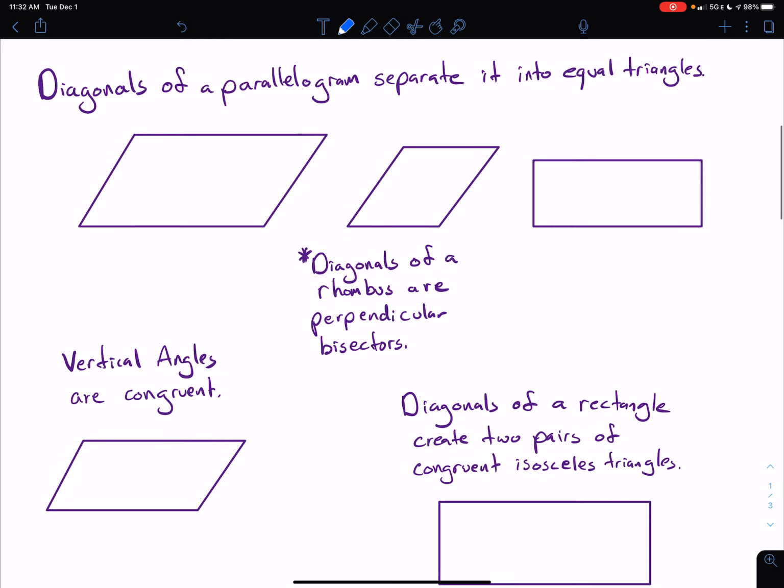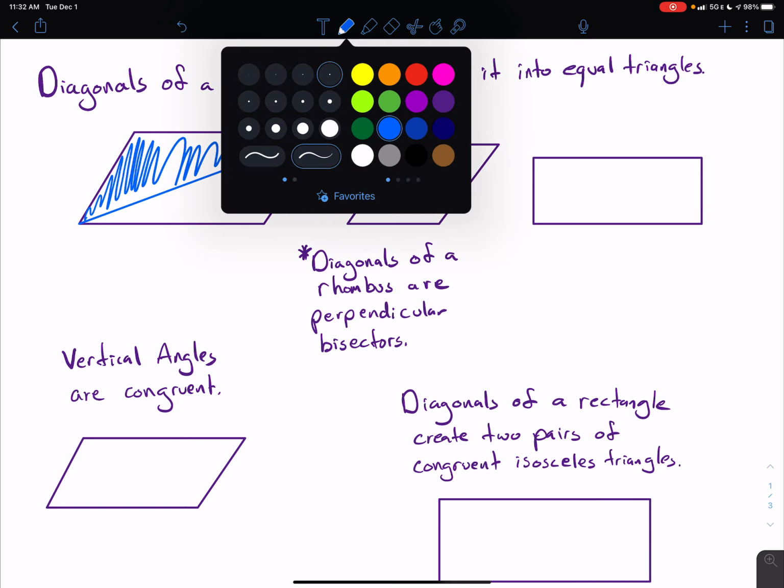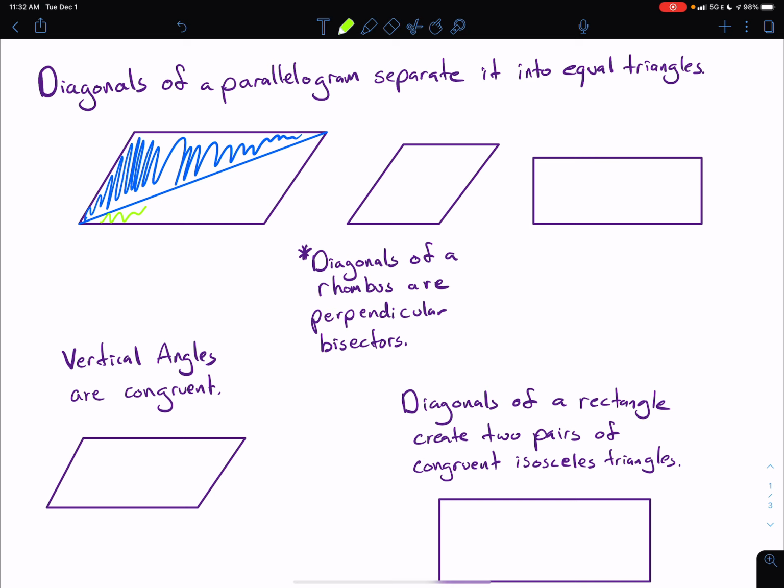All right, so diagonals of a parallelogram separate it into equal triangles. This is kind of cool. If we take a diagonal here, we can see that this triangle is the same as this triangle here. They're the same triangles.